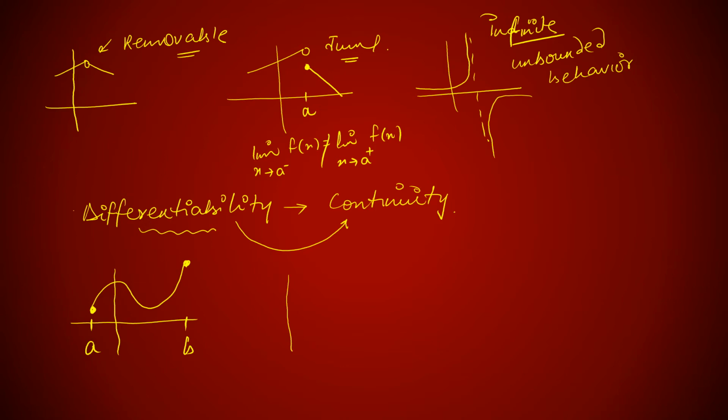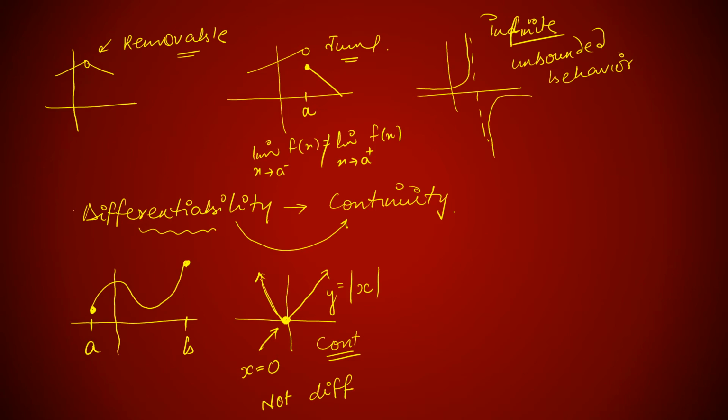Now let's see the graph of an absolute value function, that is, absolute value of x. The given function is continuous everywhere, but the sharp turn at x equals 0 shows that the function is not differentiable.